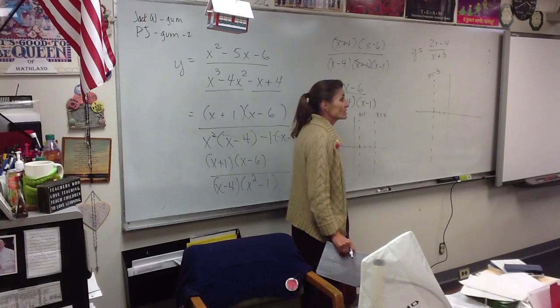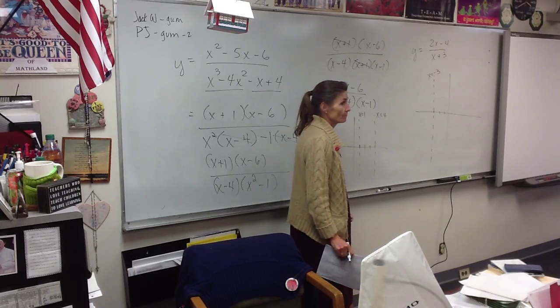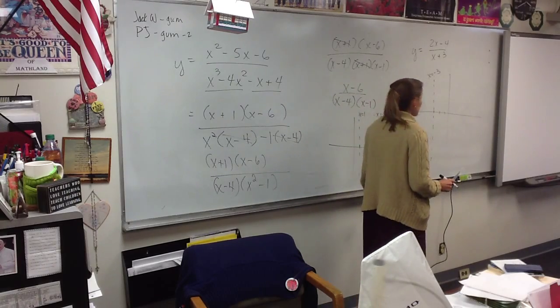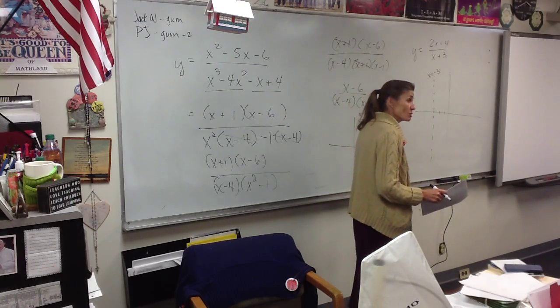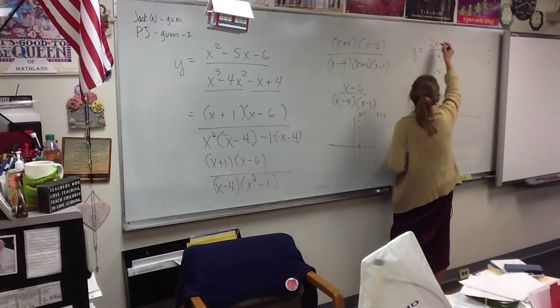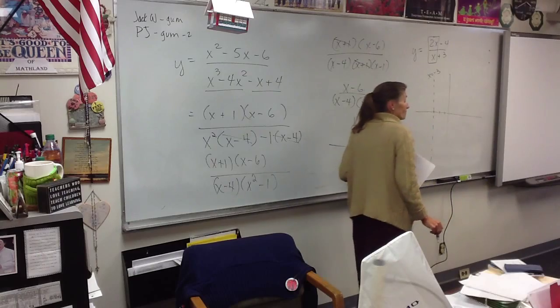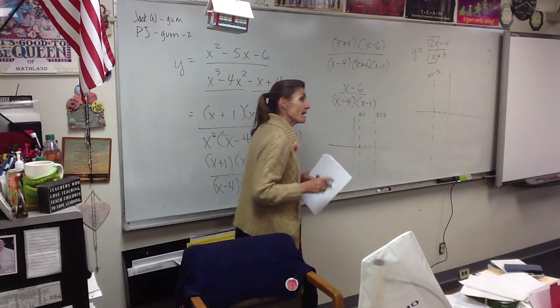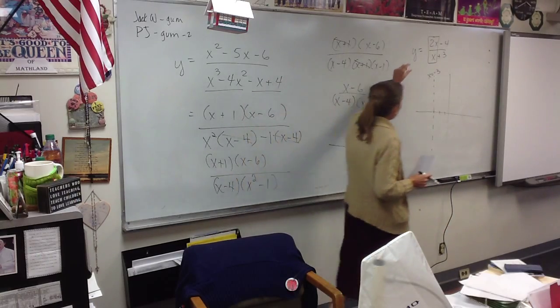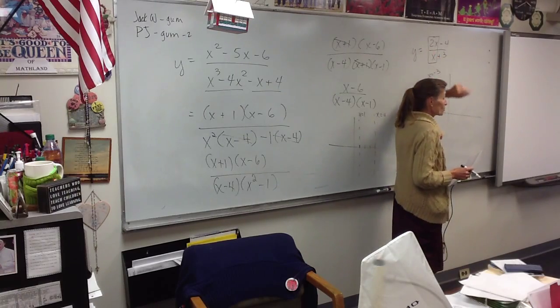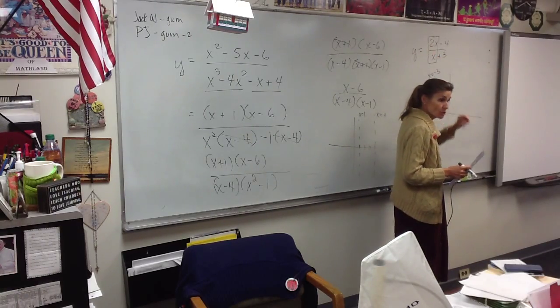Now where's my horizontal asymptote? Well, the numerator and denominator are actually both involved. To find my horizontal asymptote, I compare my x's. Look at just the x's. So what would this fraction reduce to? 2x over x would reduce to 2.